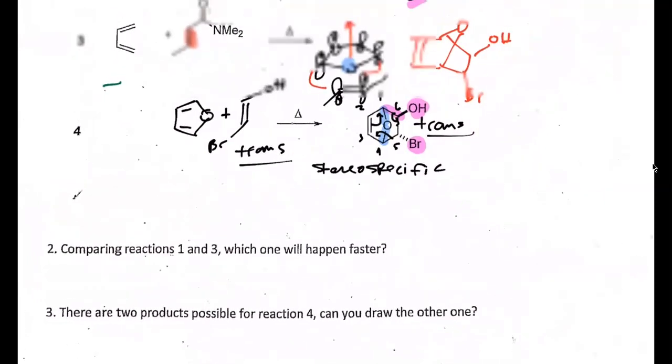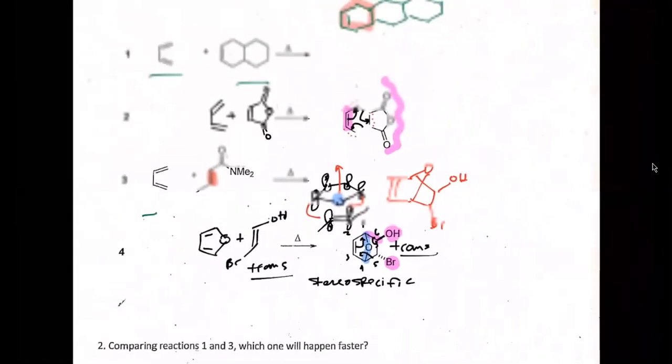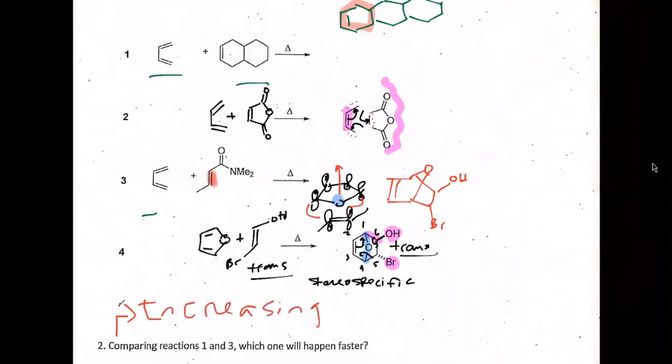It says comparing 1 and 3, which one will react faster? So you can increase the rate of a Diels-Alder two ways. You can put a donor on the diene.